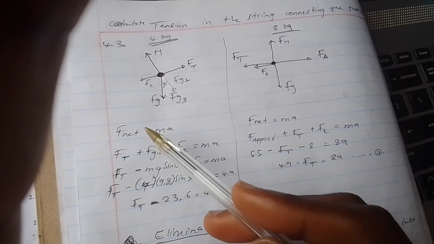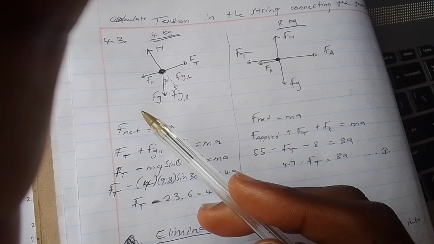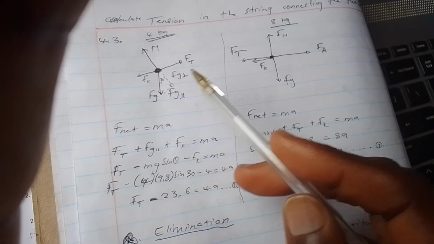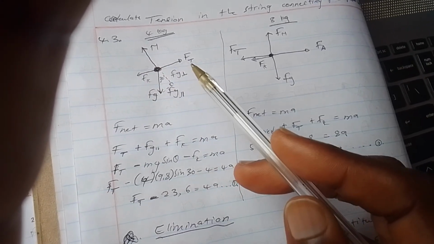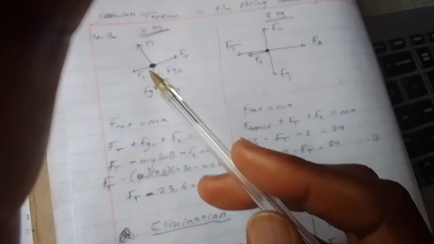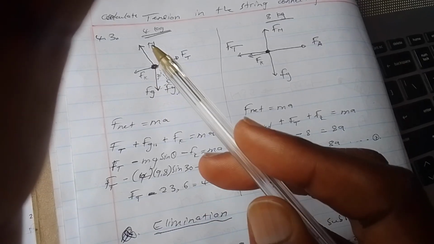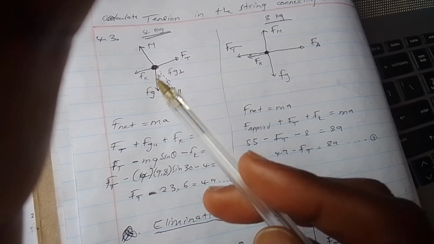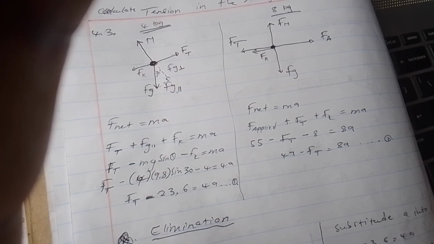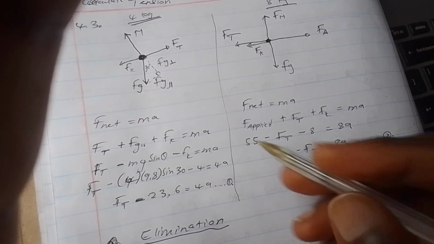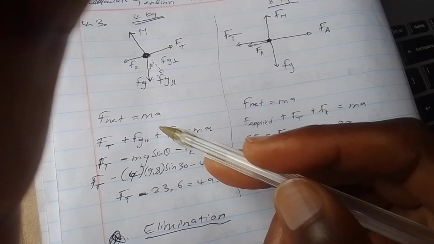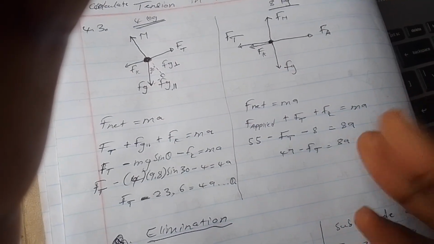F net just represents the sum of all forces that are acting either in our horizontal direction or in our vertical direction. It's just the sum of forces. m represents the mass of our object, and the acceleration is the rate of change of velocity.